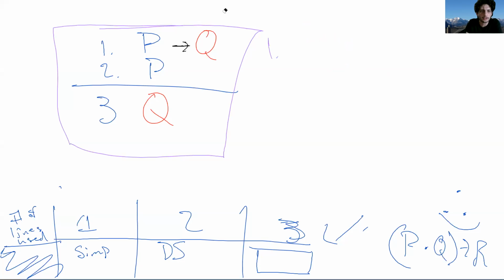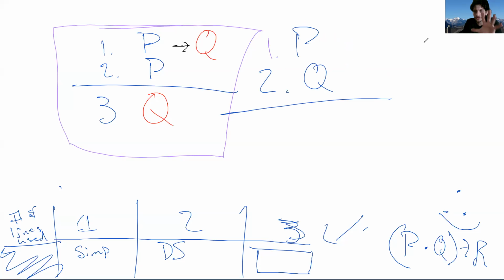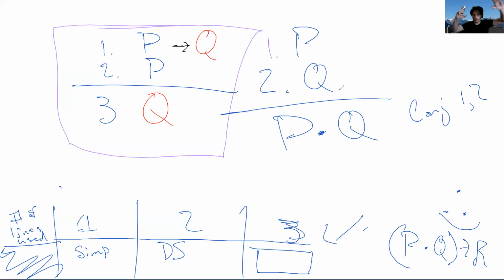But the idea behind this rule is, if you have a sentence P and you also assume Q, so these are our premises, these are our starting points, well then, surprise, surprise, you should believe P and Q. And this is conj, from 1, 2. So conjunction, or conj, just says if you have two lines, you can put them together with an and in between. You might be thinking, why do I ever want that? But the point of proofs is that a lot of times you're going to have to problem solve.